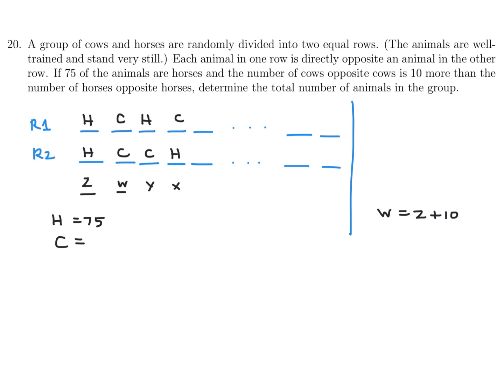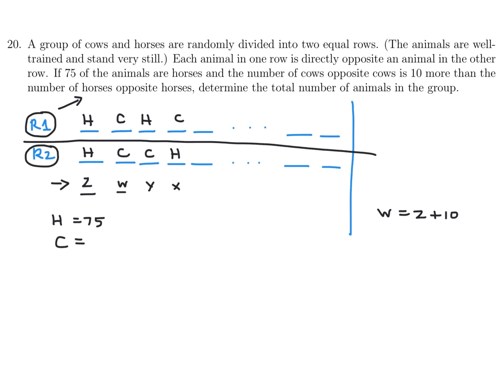So, let's see here. We're going to have to talk about this in terms of rows, right? So these letters really only correspond to row 2. And in row 1, we're not really sure.